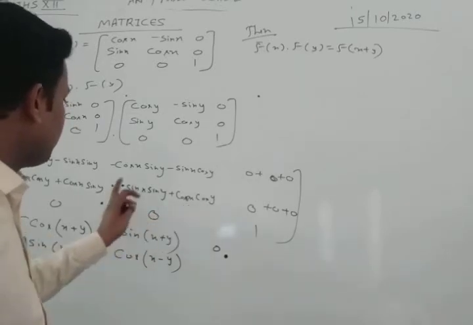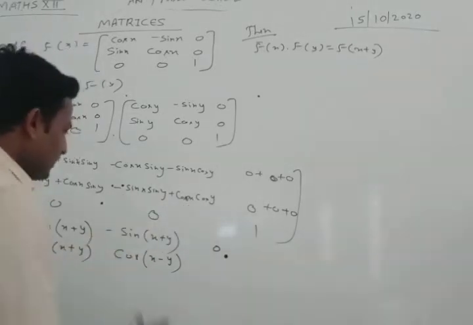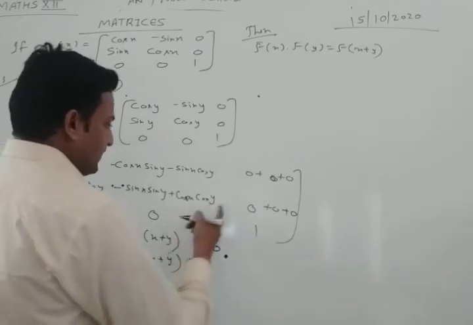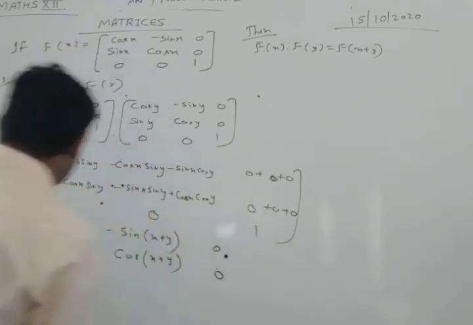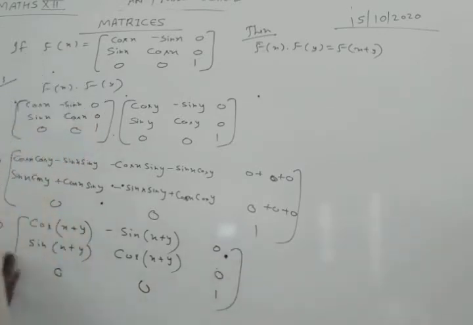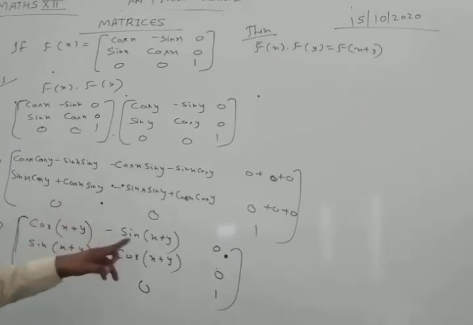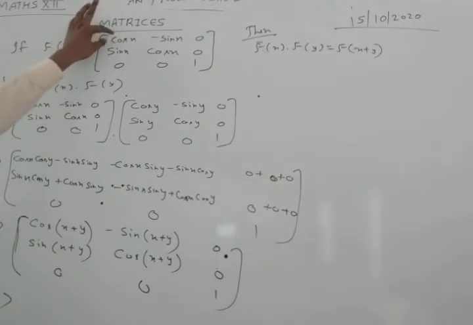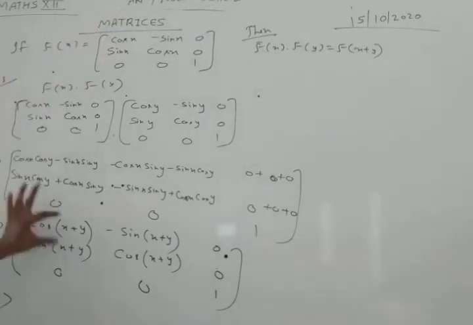Cos A cos B minus sin A sin B, so it is cos(A plus B). And this is 0 again. Now these terms are 0, 0 and 1. So look at this. This is cos(x plus y), sin(x plus y), so this is cos x, sin x, the same, and the third term is 0.